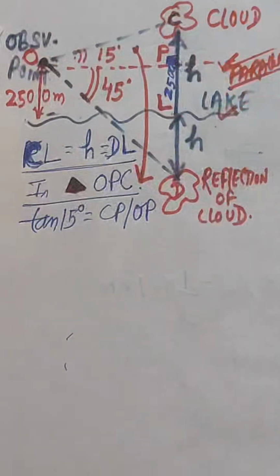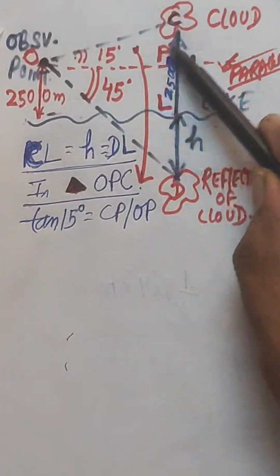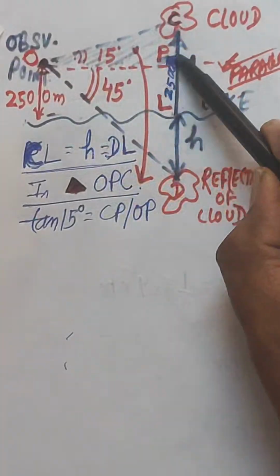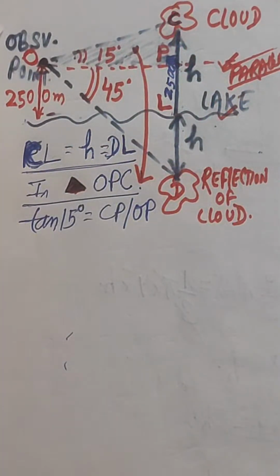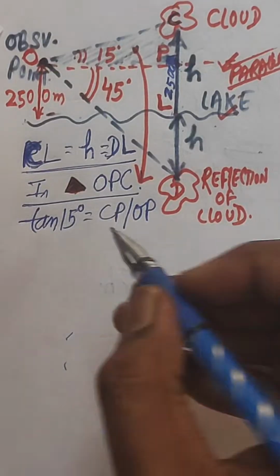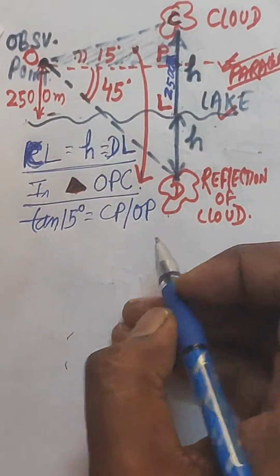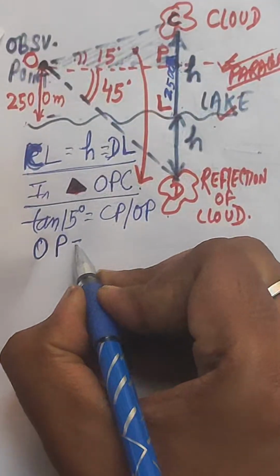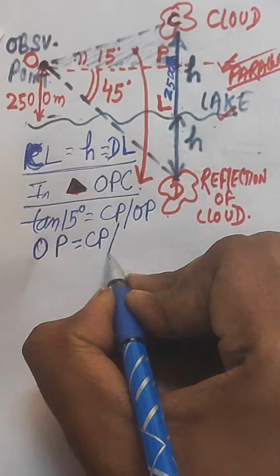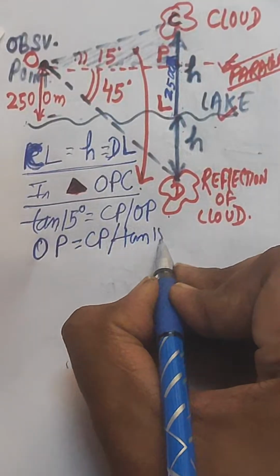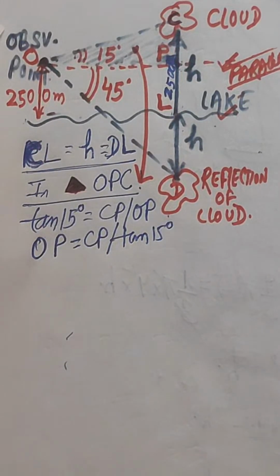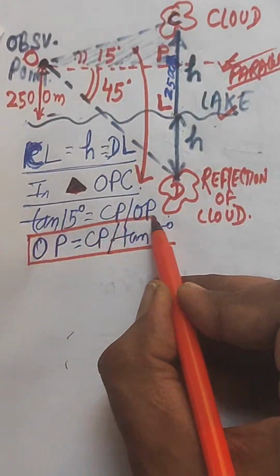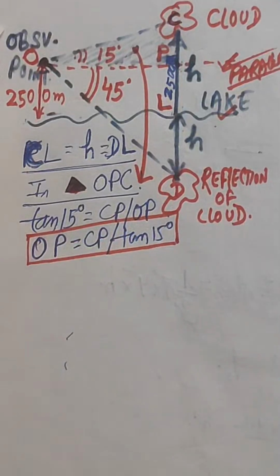So in this triangle, tan 15 degree is CP by OP. So we can say that OP is equal to CP by tan 15 degree.